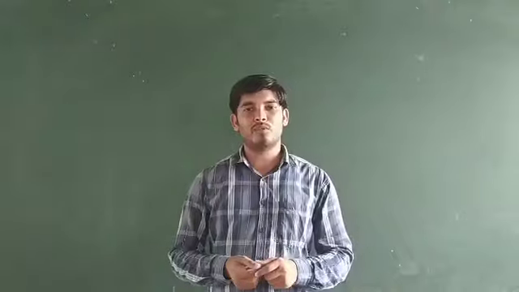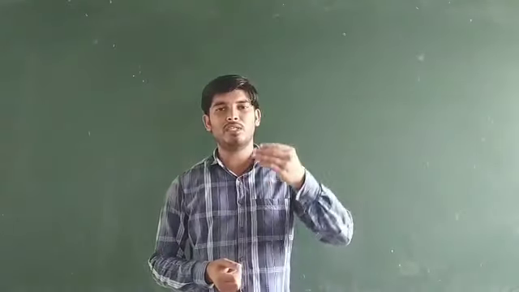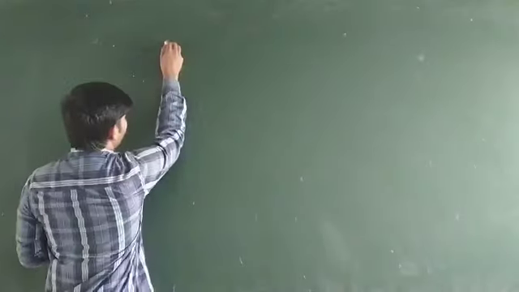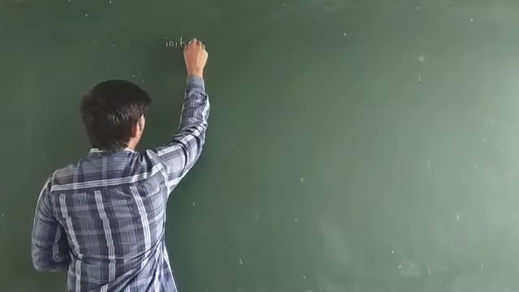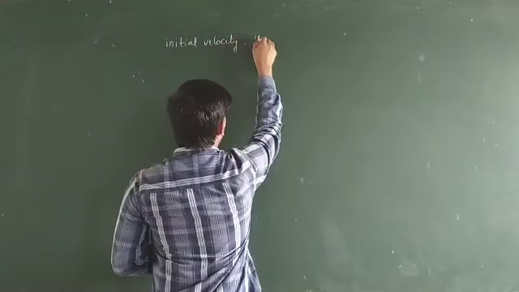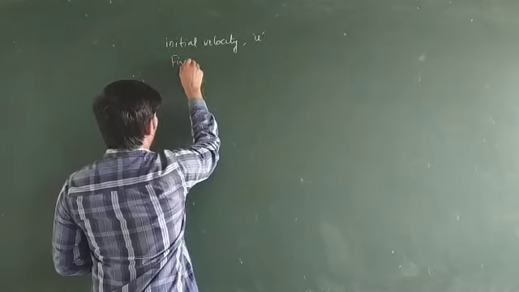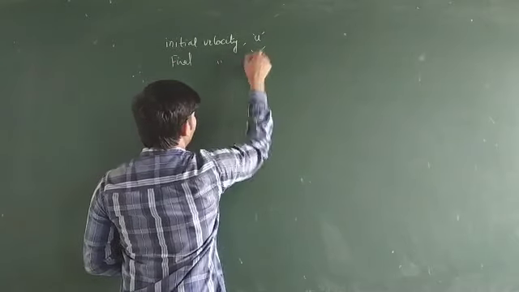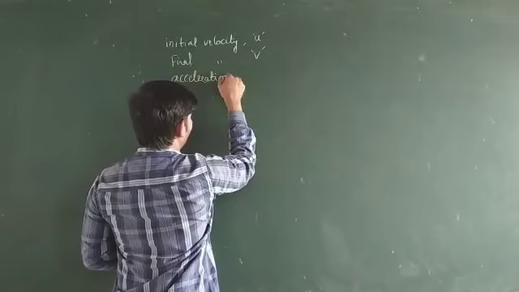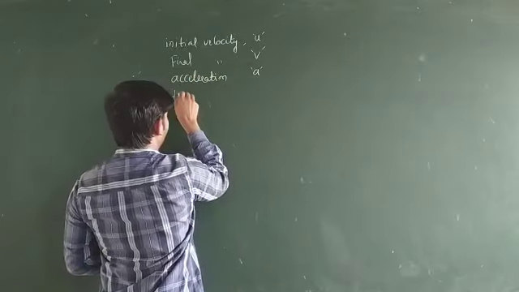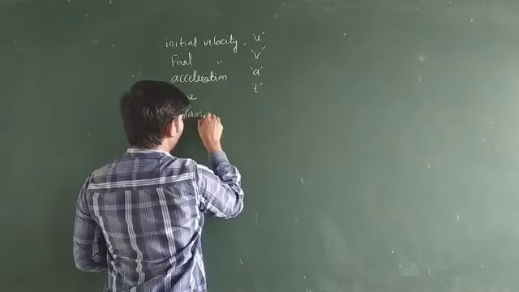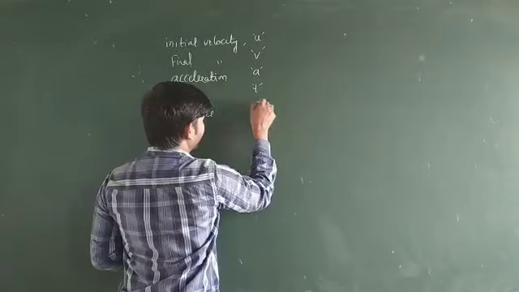So the equations of motion give us the relationship between all these factors: initial velocity, that is u, final velocity, that is v, acceleration, that is a, time of the journey t, and the distance travelled by the body, that is s.